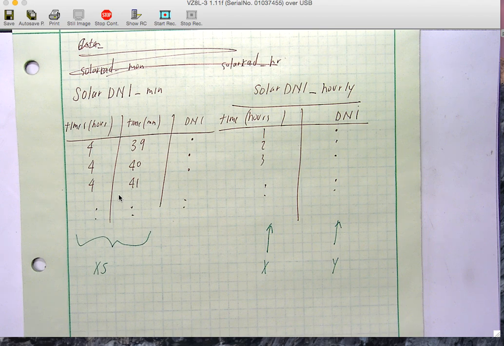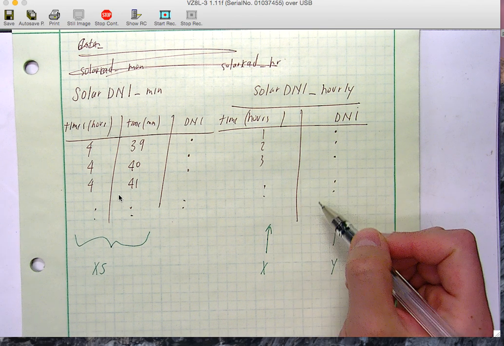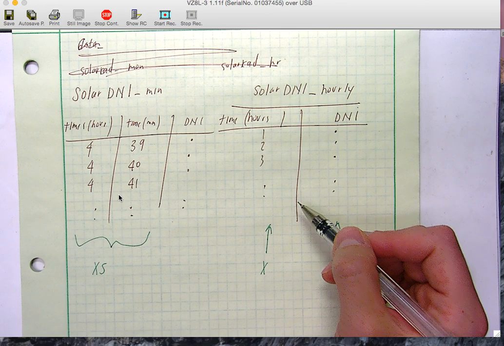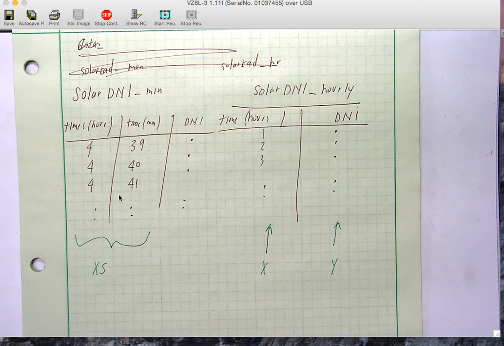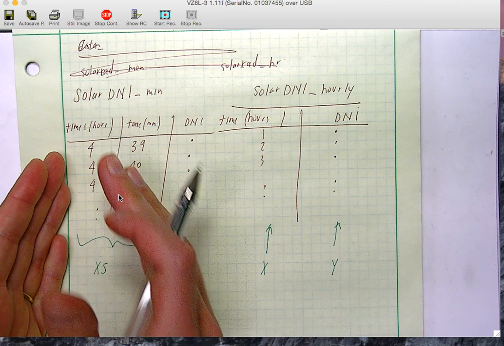So the idea in general is that you want to interpolate this data that's at every hour to every minute. But in order to compare it to actual minute data, to see the difference between approximating it versus actually reading it, I wanted you to use the exact same X star as is available in this spreadsheet.